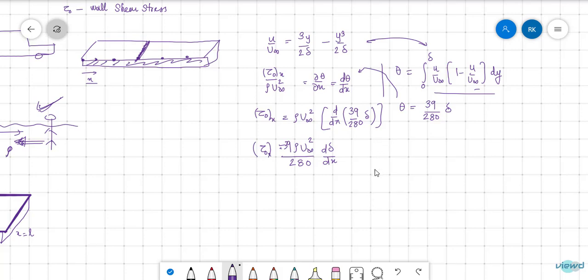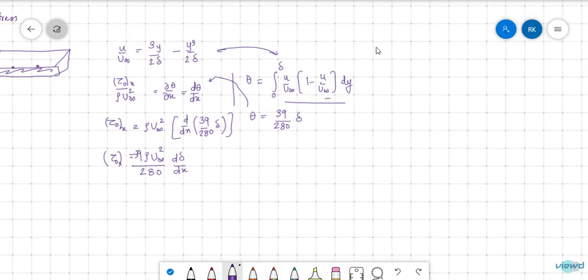And also for laminar flow, we know that tau naught is equal to mu into du by dy at y is equal to 0.